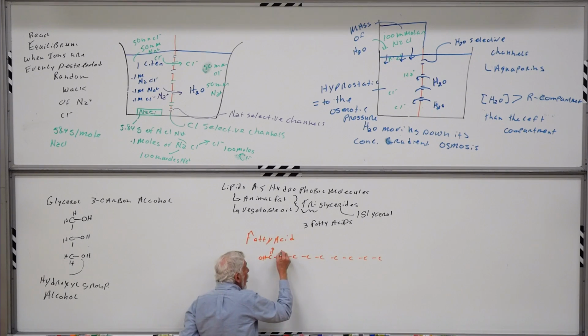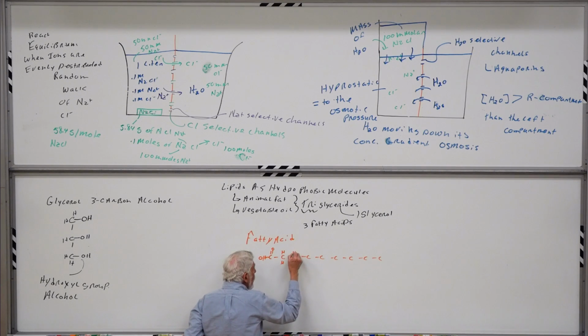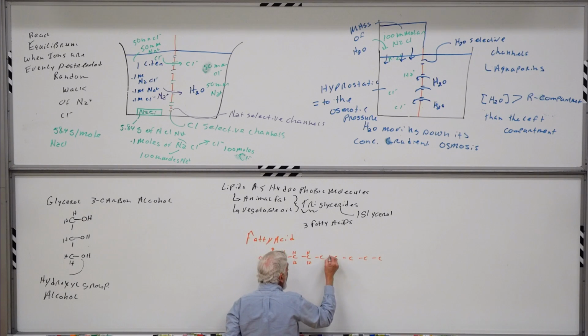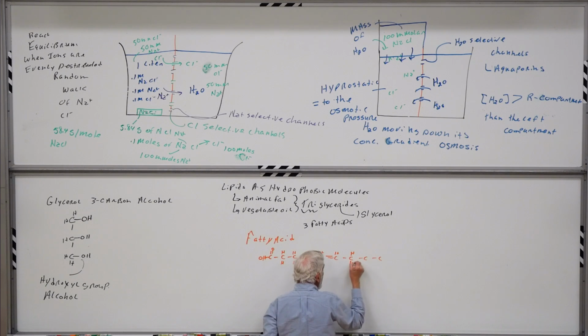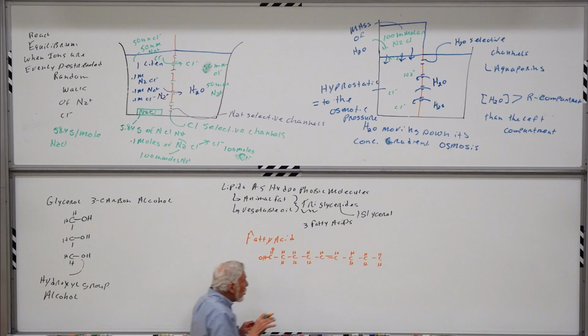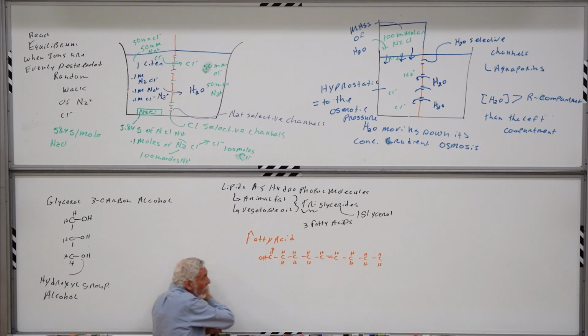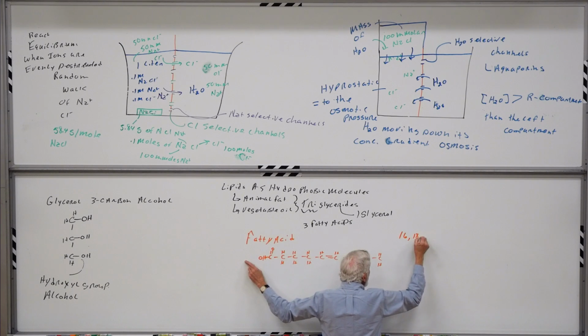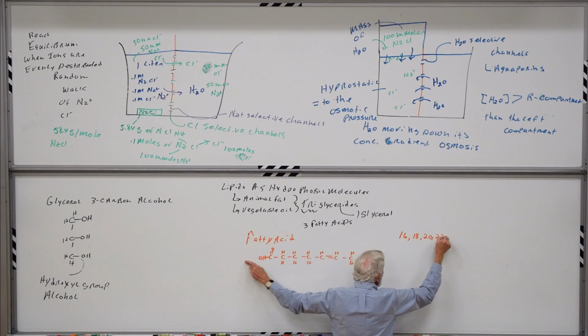Now, each of these carbons has 2, in most cases, hydrogens attached covalently. Now and again, there'll be a double bond and only 1 hydrogen on either side. But what I want you to recognize is that we have this great long chain of carbons, which can be 16, 18, 20, or 22 carbons long.